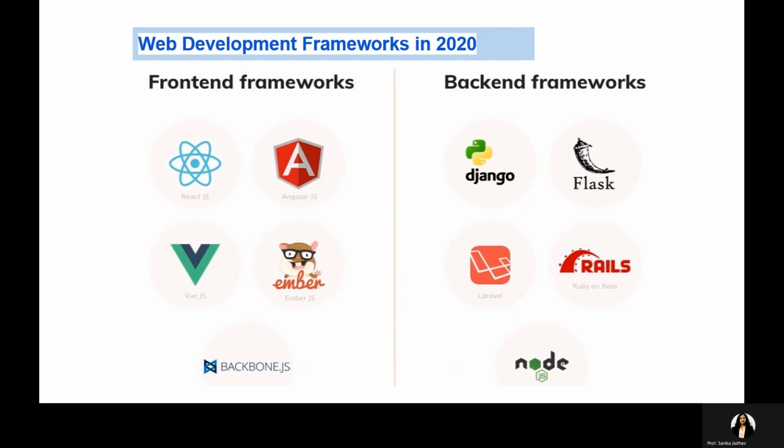The topmost web development frameworks of the year 2020 are: for front-end frameworks, React.js, AngularJS, Ember.js, Backbone.js, and backend frameworks are Django, Flask, Ruby on Rails, Node.js, and Laravel.